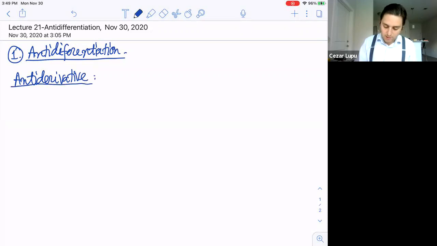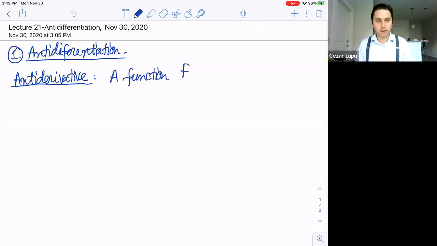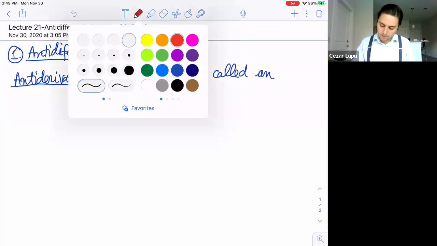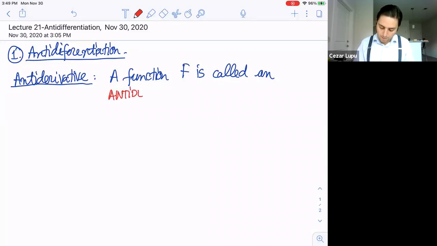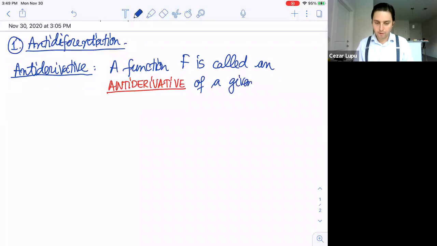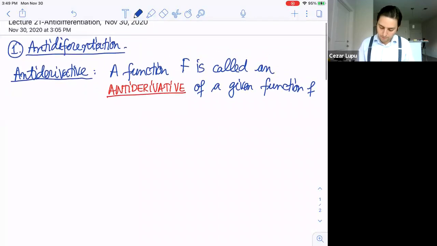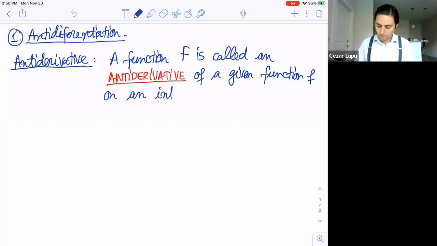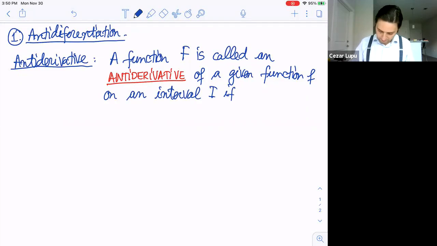So a function F, and we denote this by capital F, is called an antiderivative of a given function f, on an interval I, if capital F prime of x is f of x.